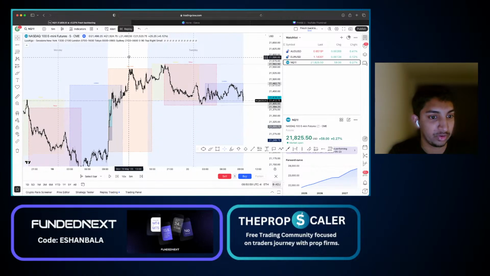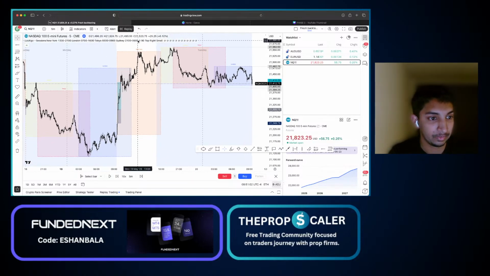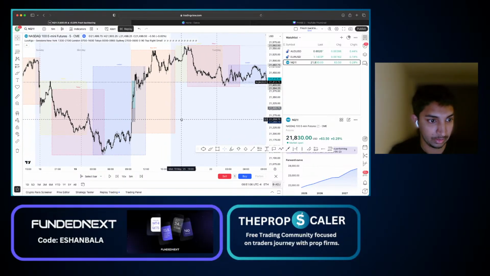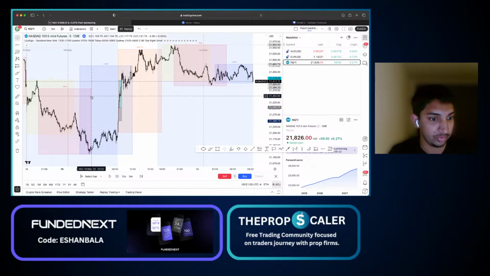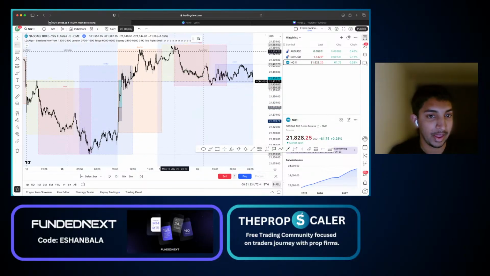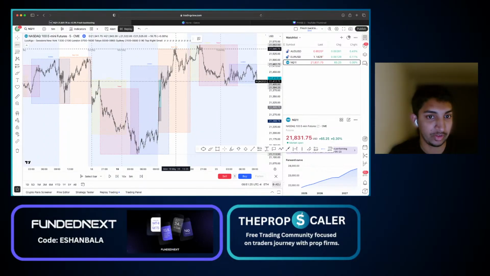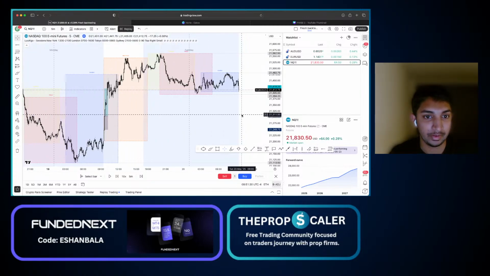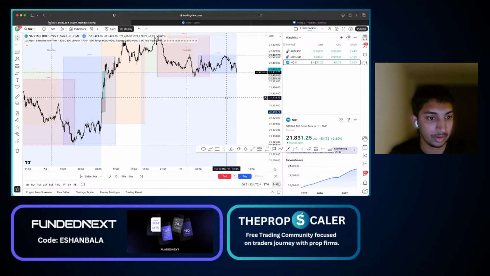And if we look at previous day high and low, price went as low as this level, and then price went as high as this level over here, but it's got swept, so we would take this current high. Asia is the highest point.